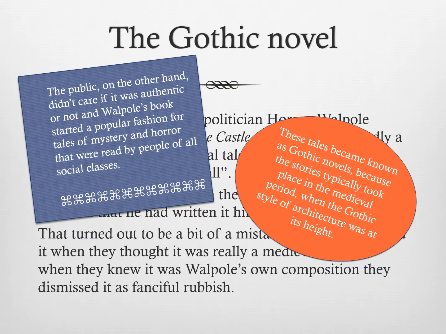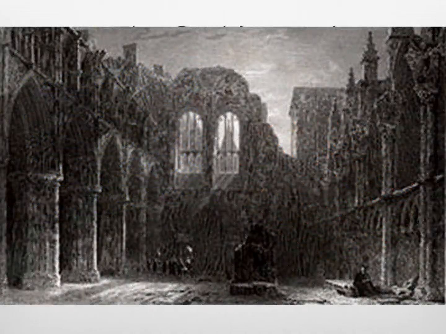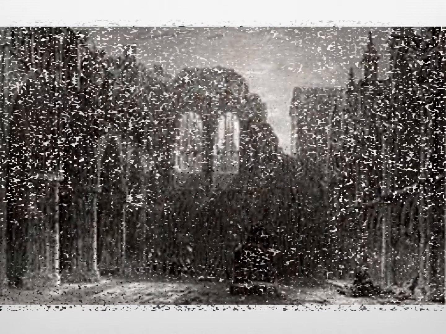It will help you to understand the environment of this type of literature, the social circles that are associated with that kind of building. So just some pictures here where you can see the Gothic.